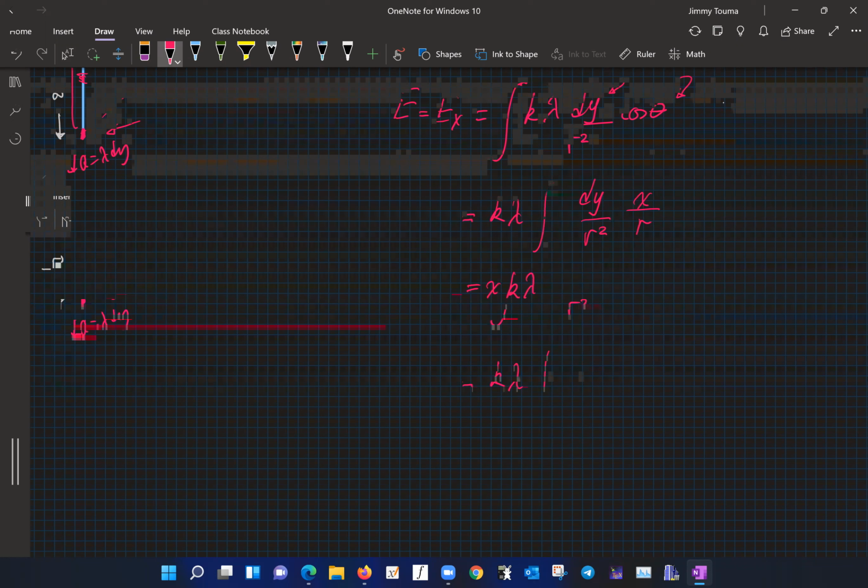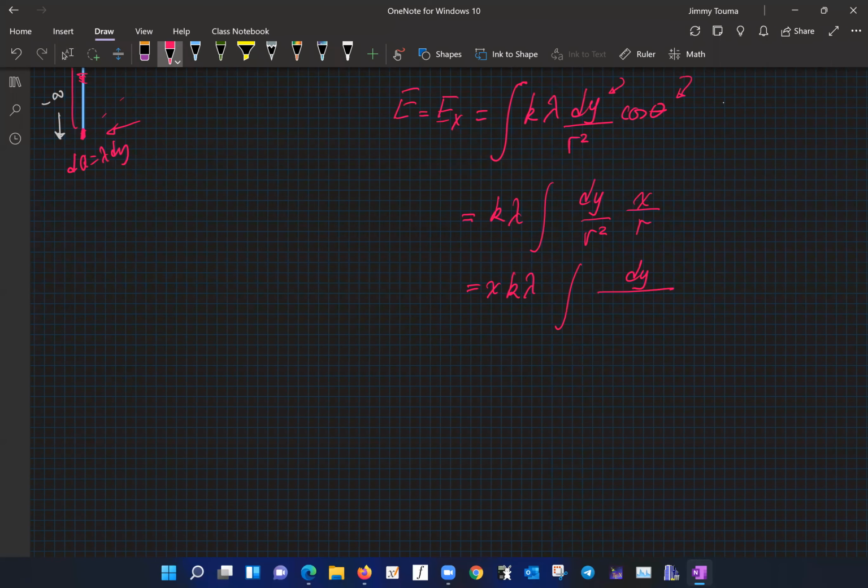Now, I have my integral dy over r cubed, which is x k lambda integral of dy over the square root of x squared plus y squared, cubed, or just to the 3/2, x squared plus y squared to the 3/2.